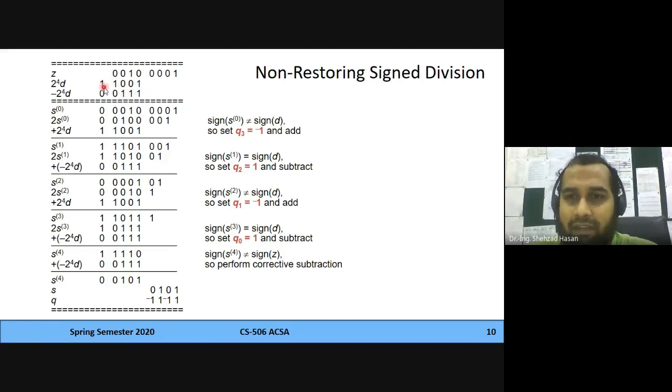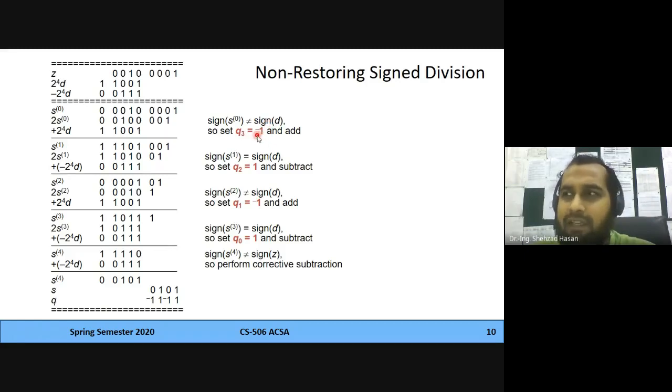The divisor is negative, and it's going to remain the same in all these steps, but the sign of the partial remainders is going to change in every step. The divisor is negative, but the first partial remainder that we obtain has a positive sign. If both signs are not matching, this means you have to do addition, and you have to put the quotient bit as -1.